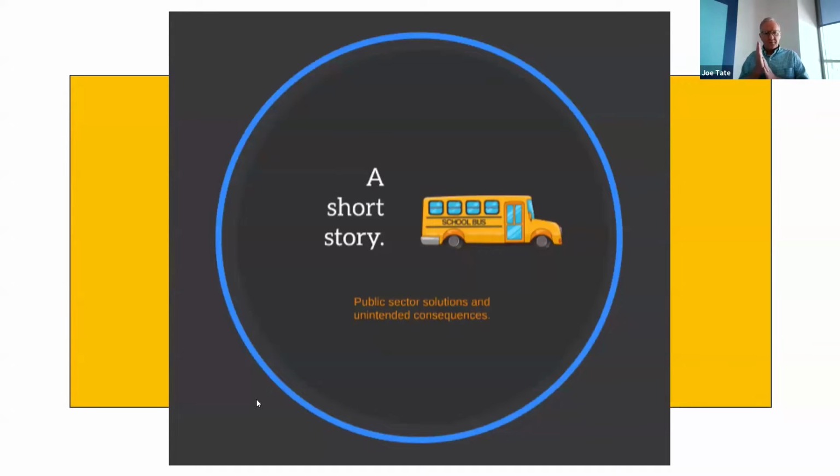I want to start off with a short story. This story is really about the public sector and what the public sector does for us, and also solutions for us as citizens, as employees, but also consequences, and quite often unintended consequences.